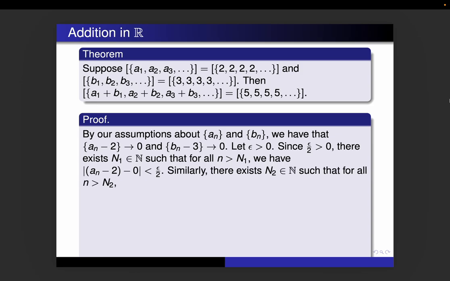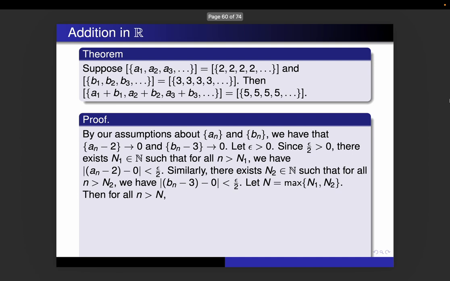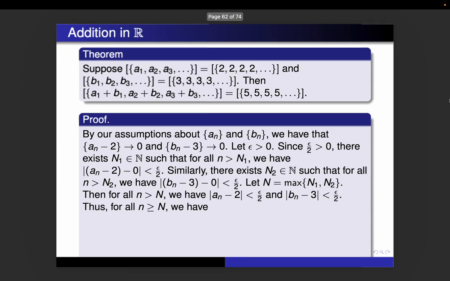Similarly, there's an n2 such that for all little n bigger than n2, we have the absolute value of Bn minus 3 minus 0 less than epsilon over 2. And then we're just going to let big N be the max of n1 and n2. Then for all little n bigger than big N, we have both the absolute value of An minus 2 less than epsilon over 2 and the absolute value of Bn minus 3 less than epsilon over 2.